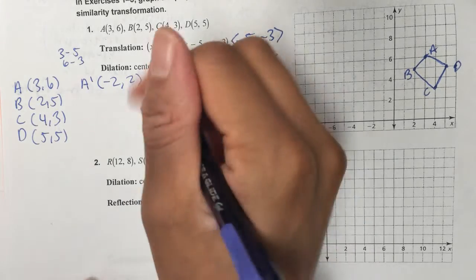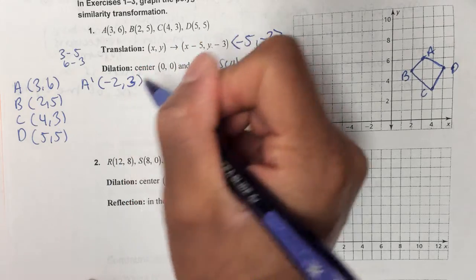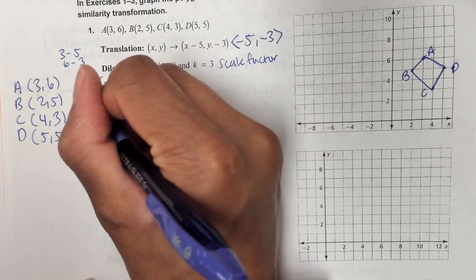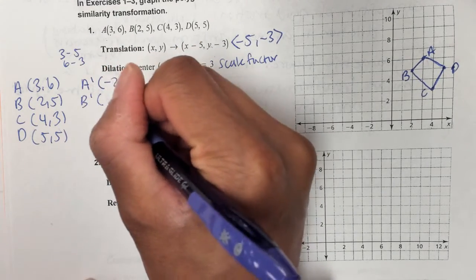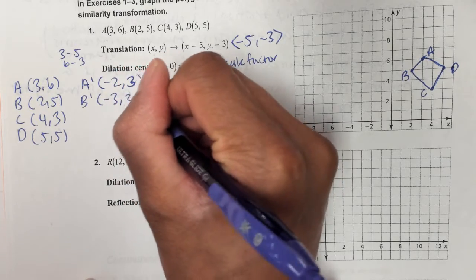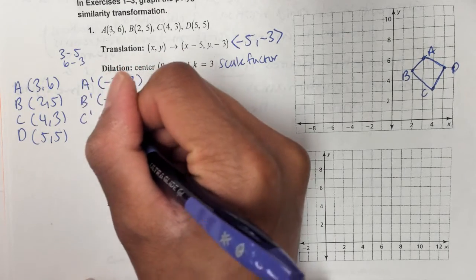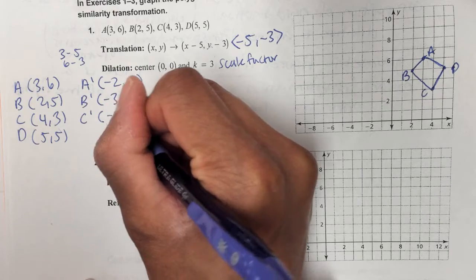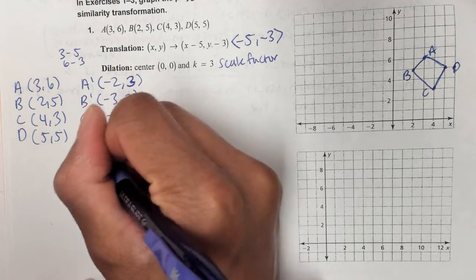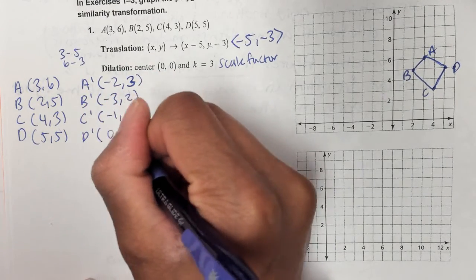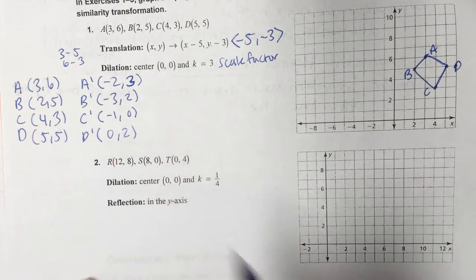So B prime is (-3, 2). When I plug in my points, C prime is now (-1, 0), and D prime is (0, 2). So now we've translated our image with our primes.